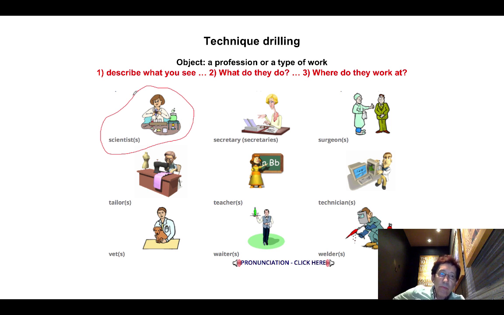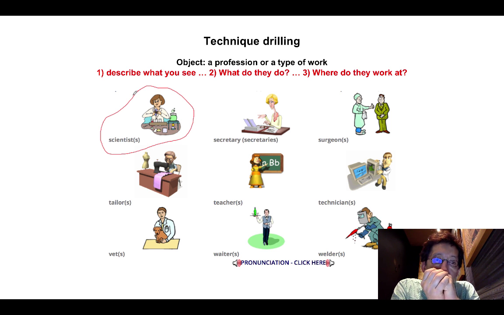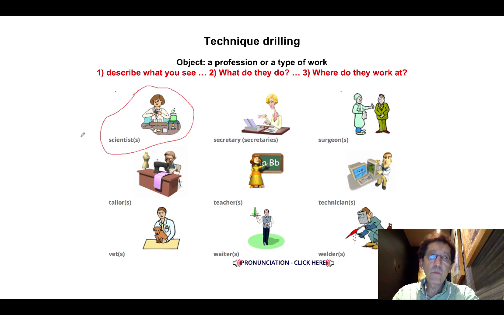So, the first one. For the first picture, there is a woman who is dressed in white, a kind of white suit, and she is holding some liquid in a tube.